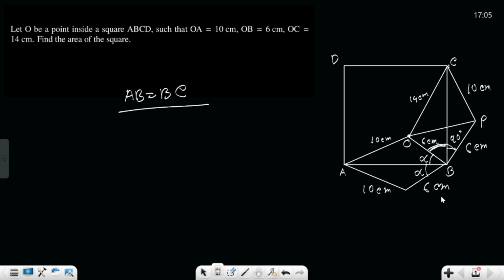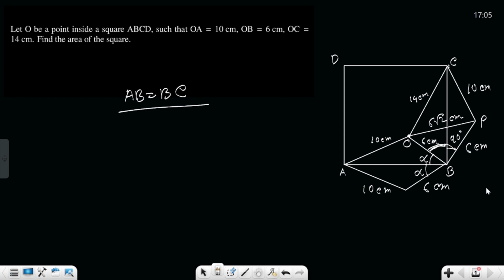Now as angle OBP is equal to 90 degrees, and OB is equal to BP is equal to 6 centimeters, what will be the length of OP? You will say that this will be 6 root 2 centimeters.